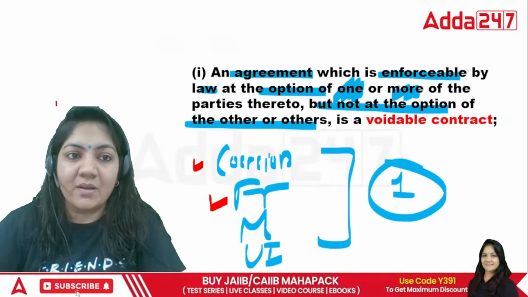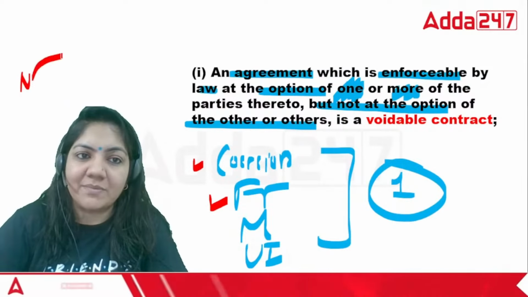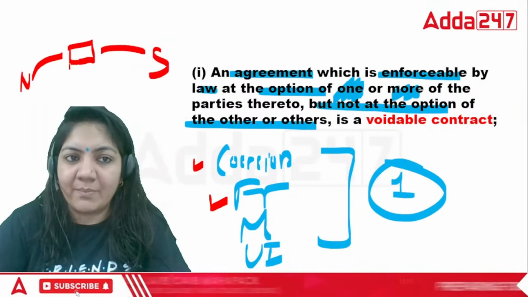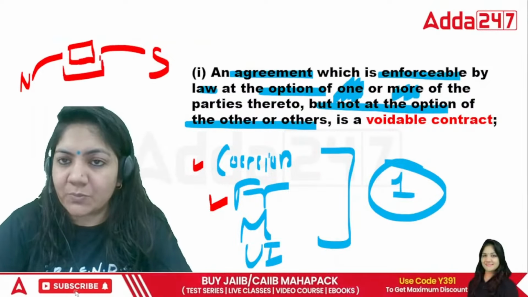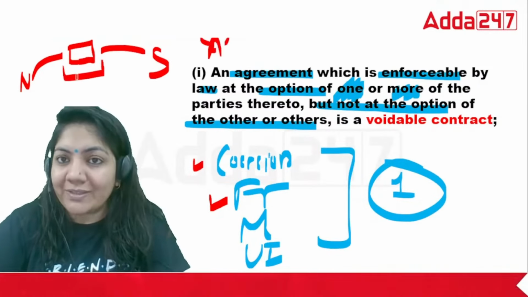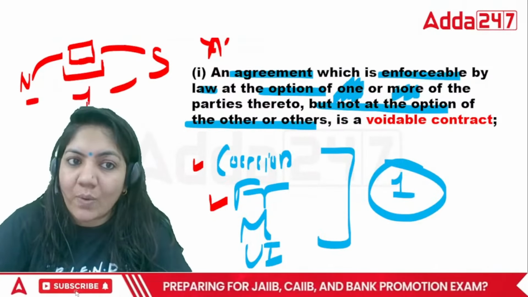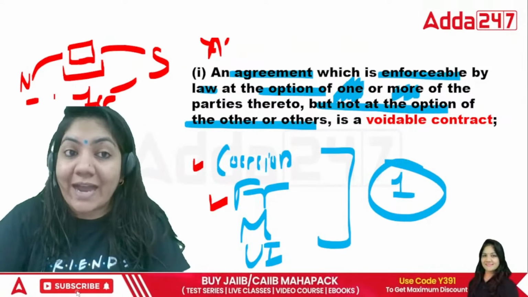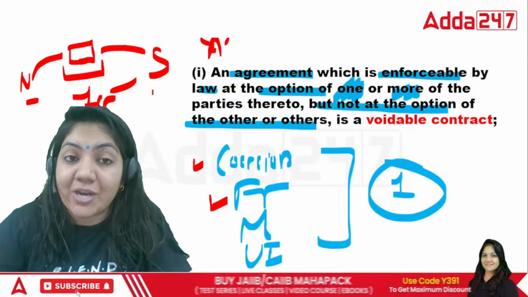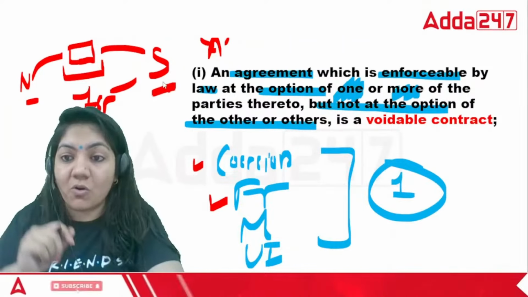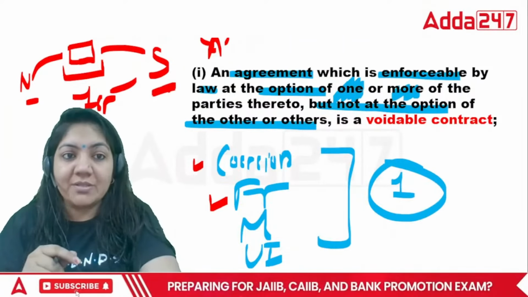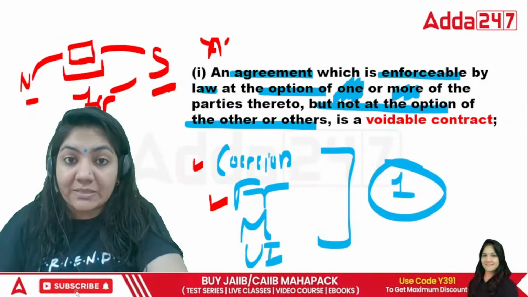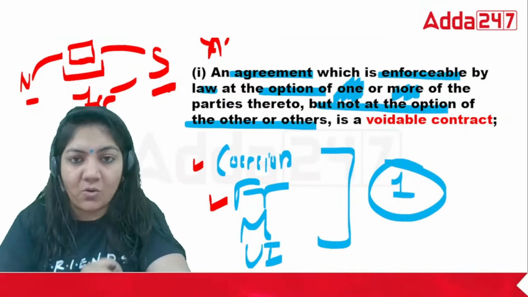By fraud, Nikita ma'am gives this property to Sharda ma'am, but actually the owner of this property is another person. Nikita ma'am has taken 1 crore rupees from Sharda ma'am, but she is not the owner. In that case, Sharda ma'am has the right to breach the contract, not Nikita ma'am. So this is the definition of a voidable contract. In a voidable contract, only one party has the option to breach the contract.